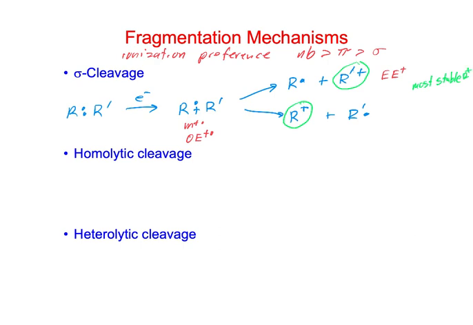But if we have two cations of equal stability, then we see the loss of the larger radical. I don't know why, but that's just the empirical observation.